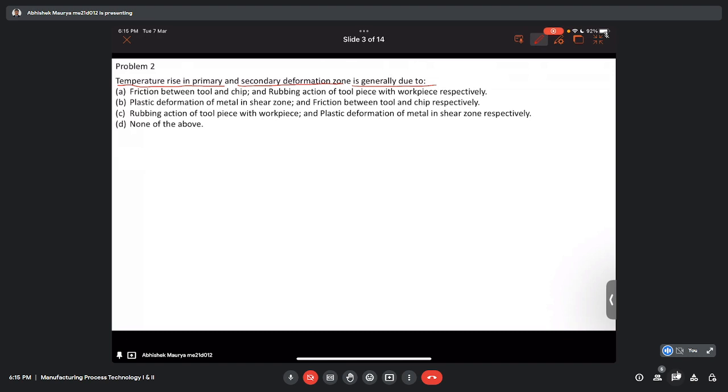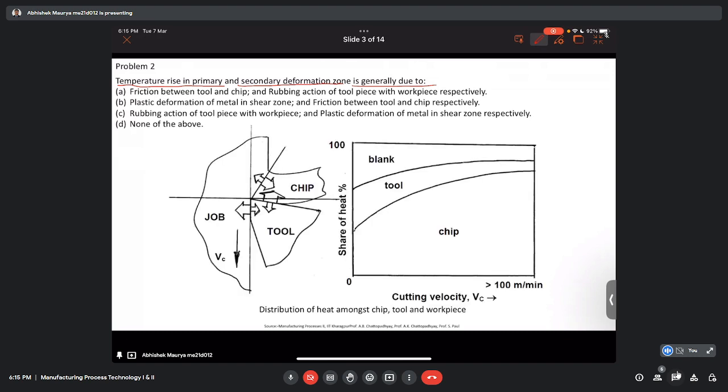So again, let's start looking at the same schematic. Here this is the workpiece or the job, and here we have the tool. Let's again try to identify the primary, secondary and tertiary deformation zones.